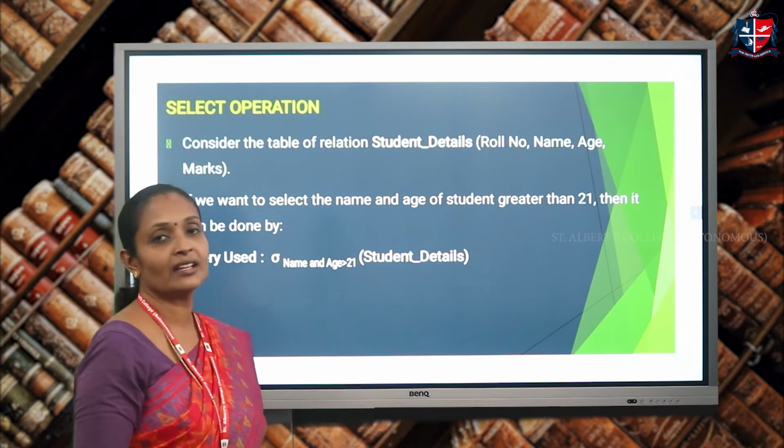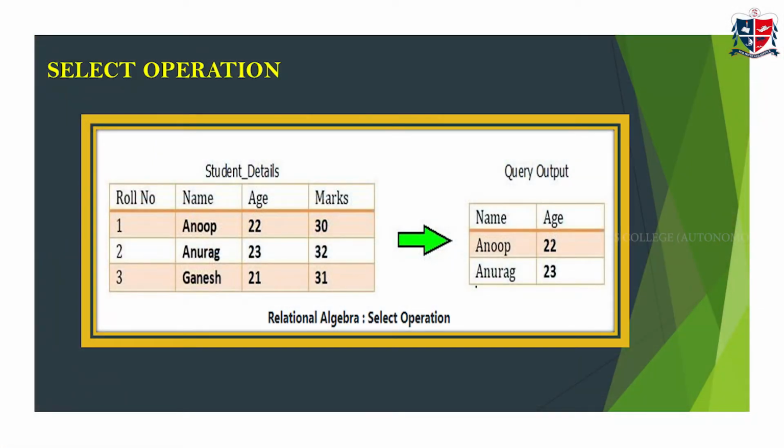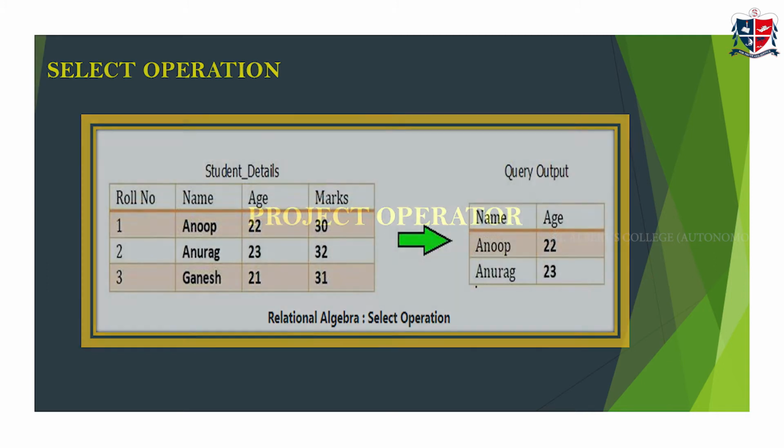And student details represents the relation, that is the table name. Here this is the student details. Here we have some data, and if you apply this select operation based on the condition, that is name and also age greater than 21, it will retrieve only the name and the age of the students having age greater than 21. So based on a condition, when we have to retrieve data from the database, we use the select operation.